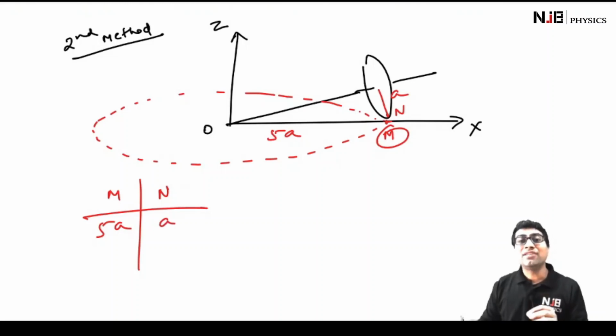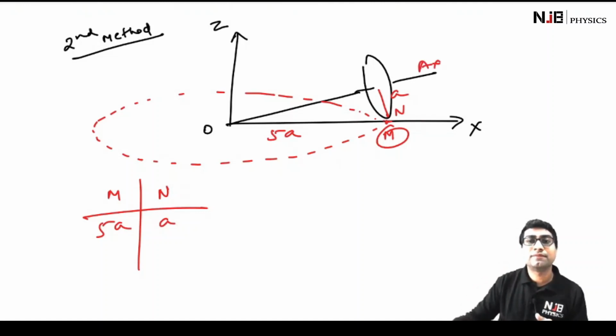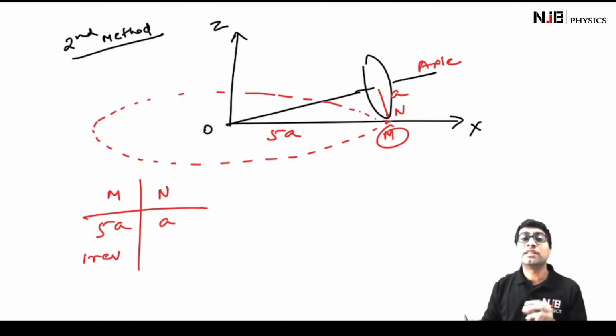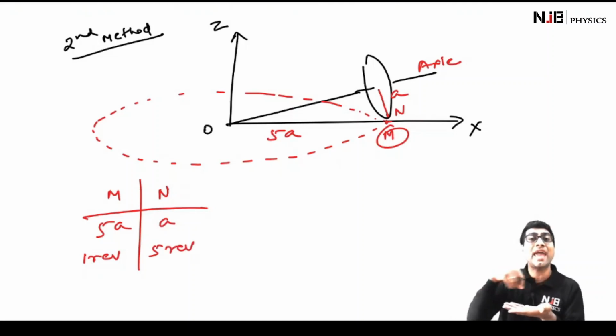Now, by the time this point M completes one revolution, how many revolutions is this point N going to complete about this axle? It is very much clear. It is going to complete 5 revolutions. Why? Because its radius is 5 times smaller than the radius of this point M.